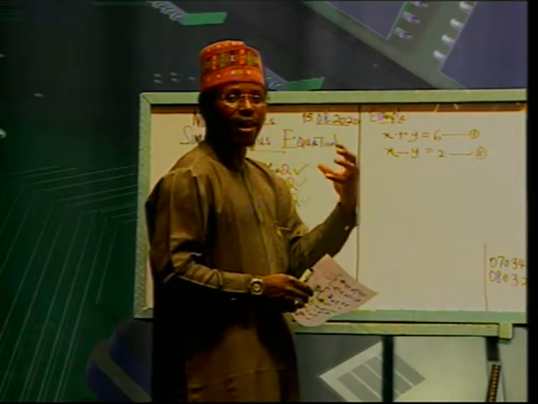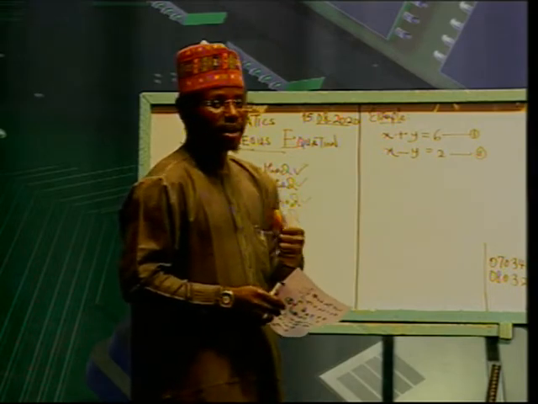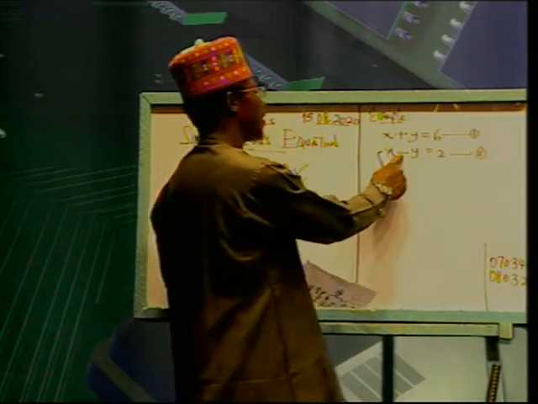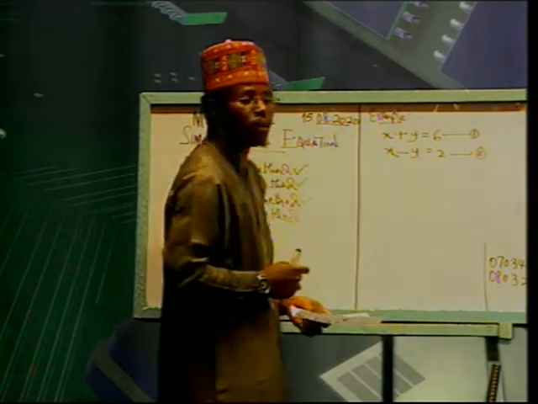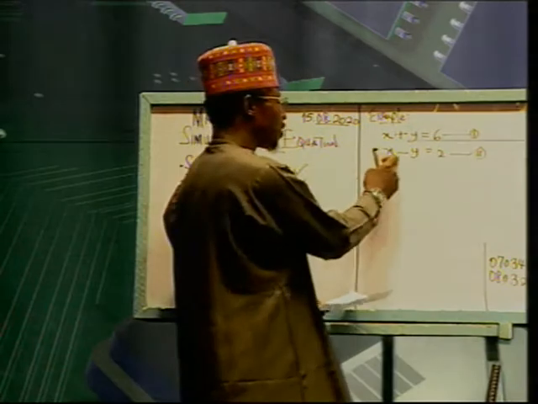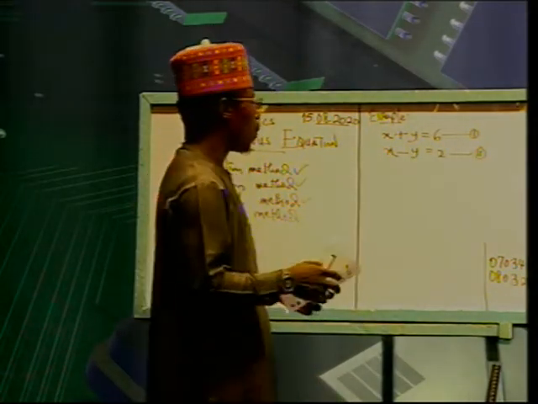The sign of any number or variable precedes that number. So definitely, this negative sign is for y. So we have a coefficient of 1 here, and we can call it minus 1y, which eventually is minus y.